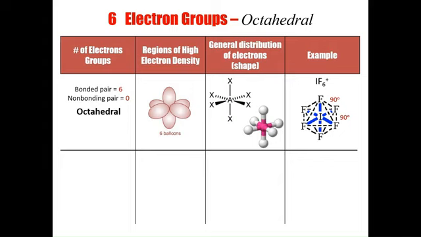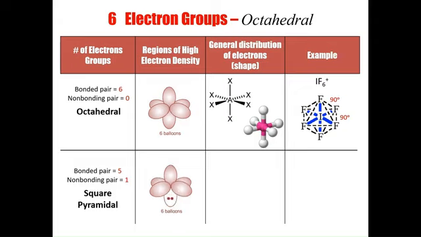The second possible shape has 5 of the 6 electron groups bonding to atoms and 1 non-bonding group. This causes the molecule to resemble a square-based pyramid, and so the shape is called square pyramidal. This image shows how the electron groups arrange themselves into this square-based pyramid.